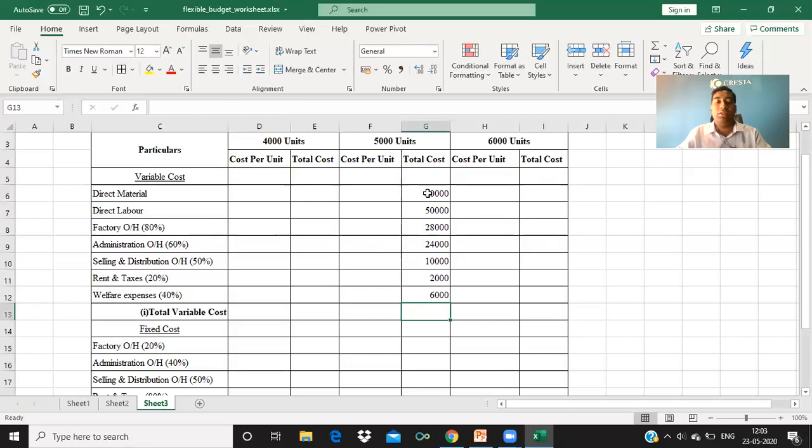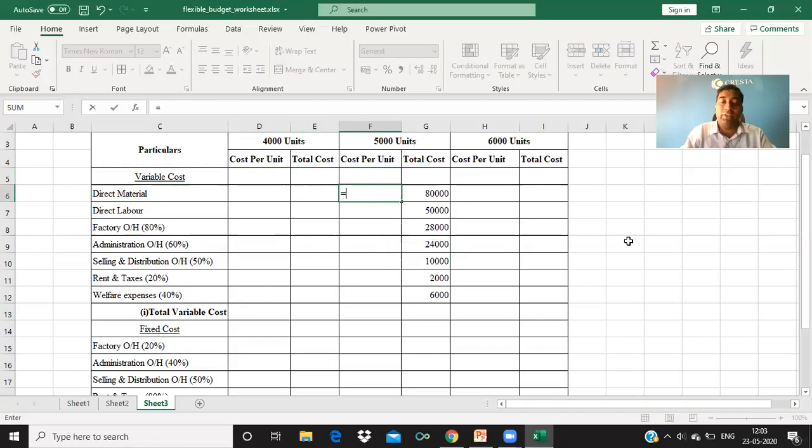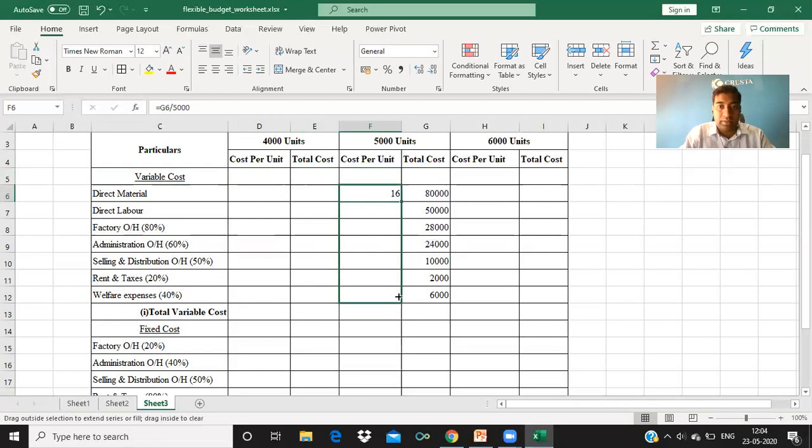Now we got the total cost for producing 5,000 units, which is already given in the problem. You all know the rule. Cost per unit for the variable cost will remain the same, whereas the total cost changes. So now I'm going to calculate the cost per unit for producing 5,000 units.